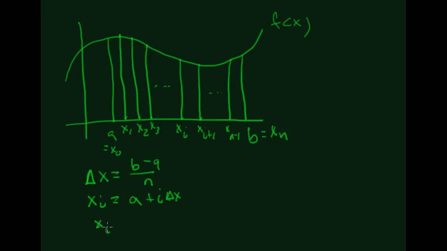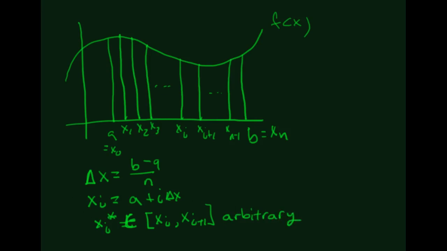And then we're going to declare this thing called x sub i star. Okay, and x sub i star simply is an element of the interval between x sub i and x sub i plus 1, chosen arbitrarily.